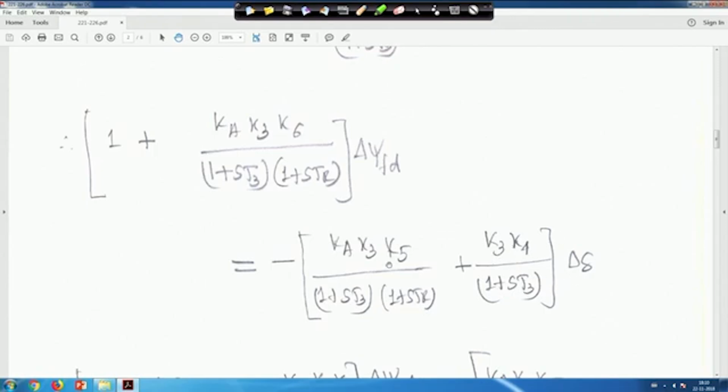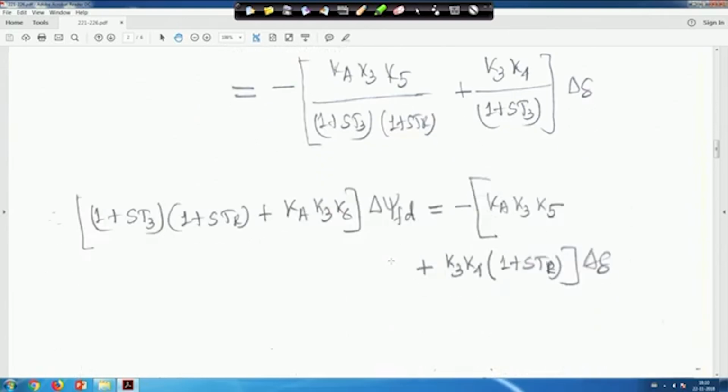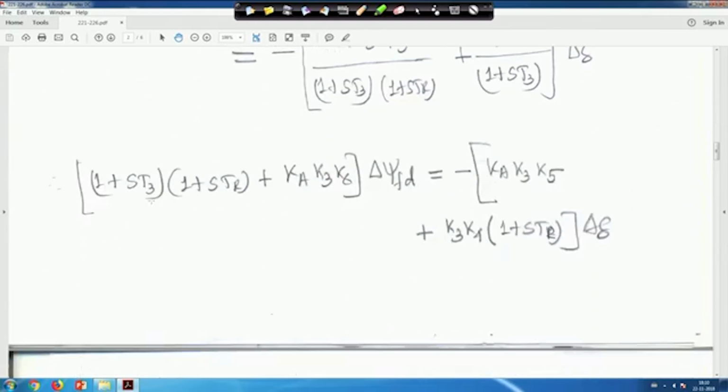Further simplification gives 1 plus S T 3 into 1 plus S T r plus k a k 3 k 6, into delta psi f d, is equal to minus in brackets k a k 3 k 5 plus k 3 k 4 into 1 plus S T r, into delta.